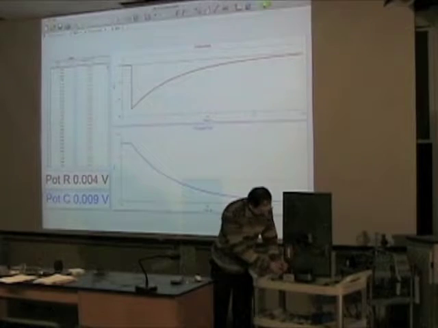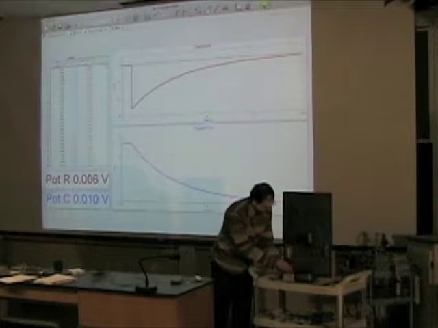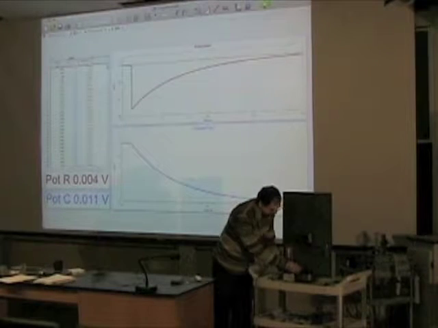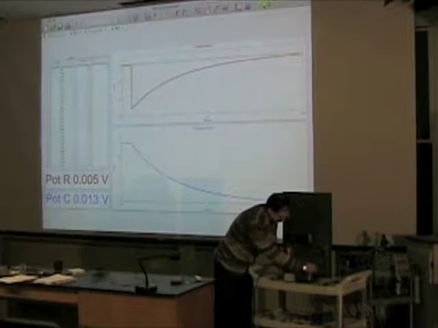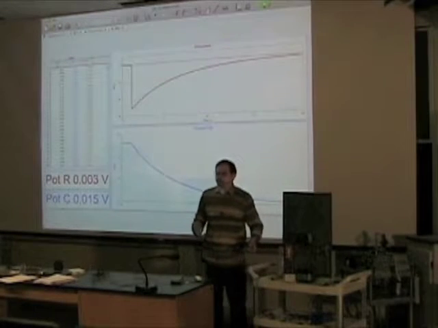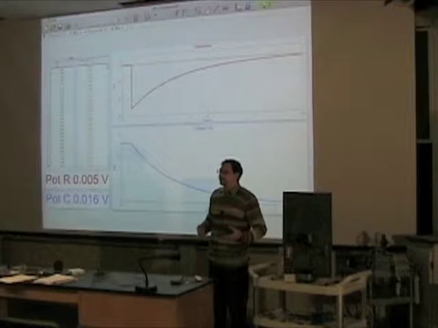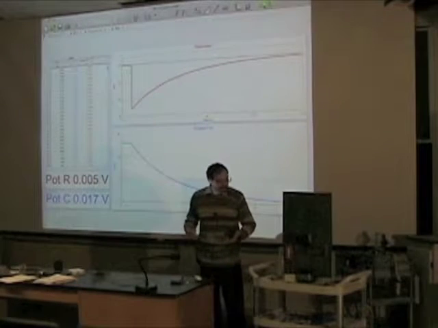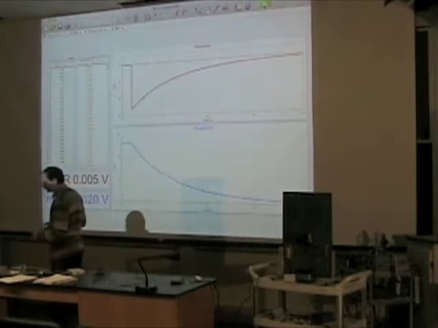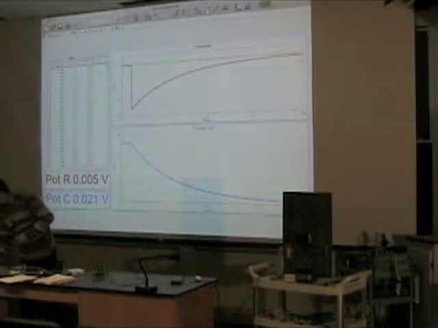Now let's take a look at the same situation when the capacitor is charging. First I had to open the switch to prevent the capacitor from starting to charge immediately. I have to connect the battery back, and let's see what's happening now.